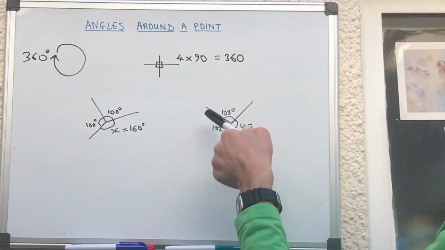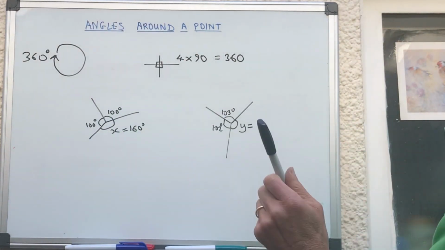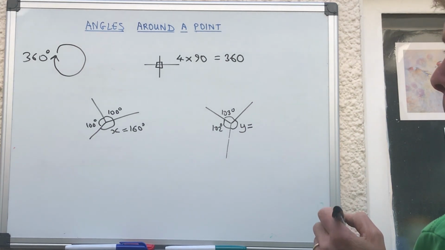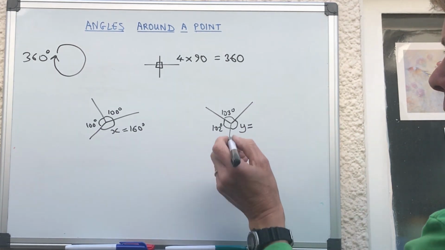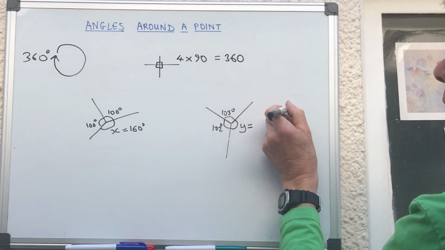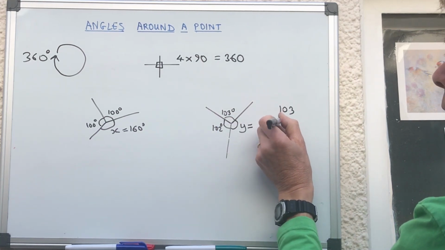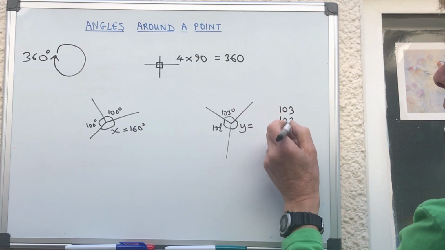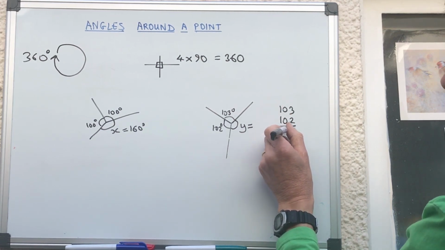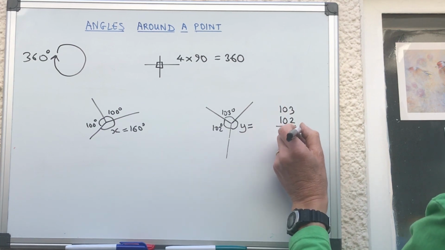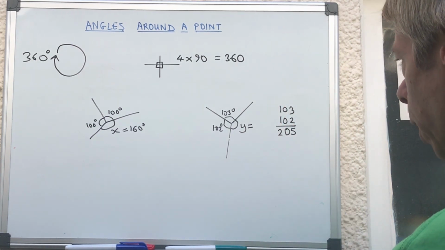Well, we know that going around a complete circle is 360 degrees. So there's some different methods we can use. The most reliable method is, first of all, we're going to add up the two angles that we already know. So 3 plus 2 is 5, 0 plus 0 is 0, 1 plus 1 is 2. So we've got a total of 205 degrees.